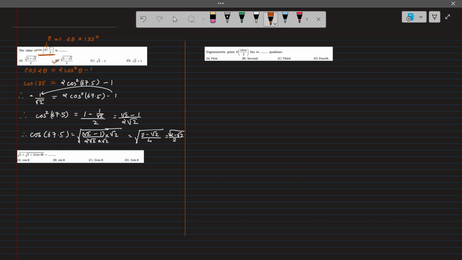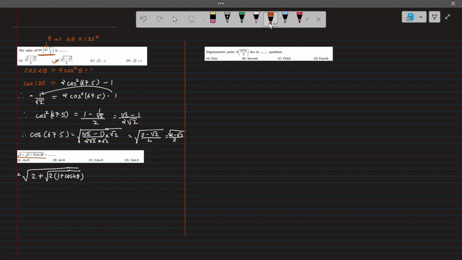B. We have to find the value of root of 2 plus root of 2 plus 2 cos 4 theta. First we'll solve the first term, where we can take 2 as common, and our value would be under root of 2 plus root of 2 common 1 plus cos 4 theta.